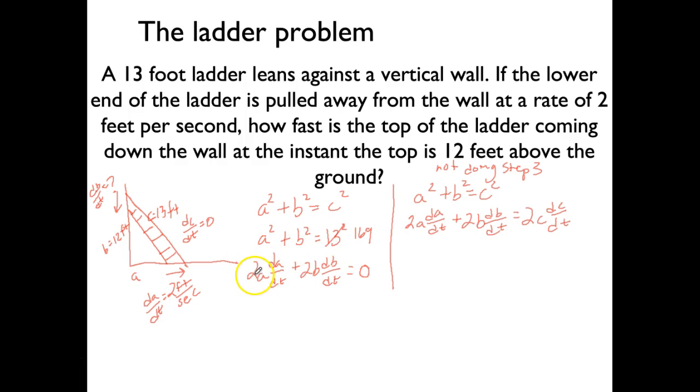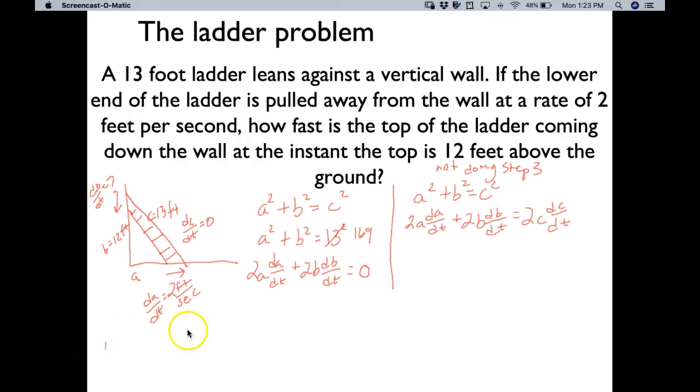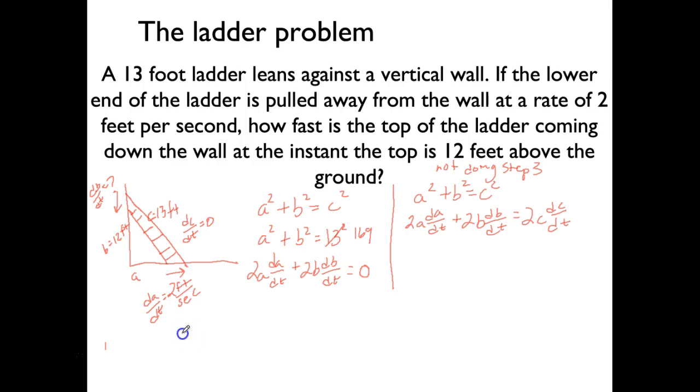Okay, so let's plug in everything we know. So 2 times A, I don't know A. So I would have to use my Pythagorean theorem to figure out A, right? And I can't write right there. I'm going to have to do it over here. 12 squared plus A squared equals 13 squared, right?